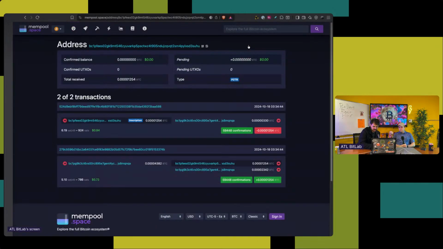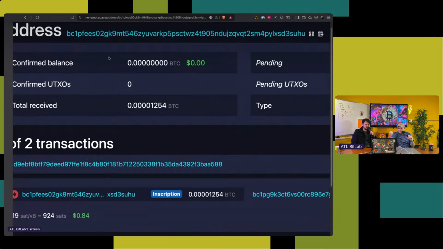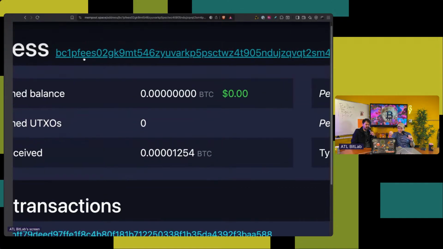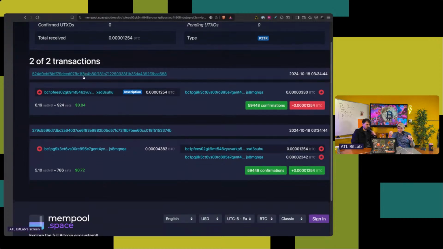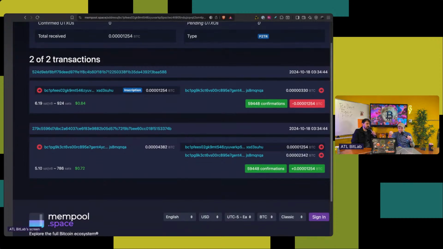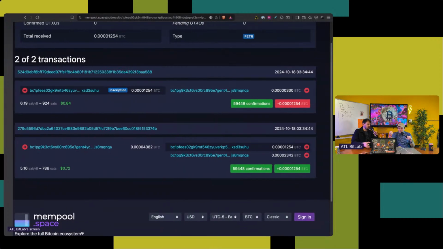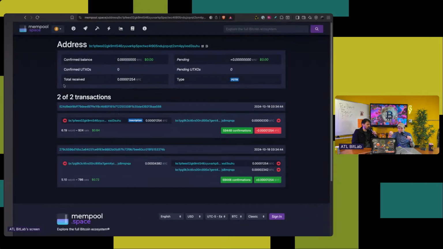Yes, I'm pretty sure this is a pay to anchor one. It actually has the word fees baked into the address. And pay to anchor is this really strange output type, as opposed to pay to SegWit, pay to Taproot, all these kinds of things.